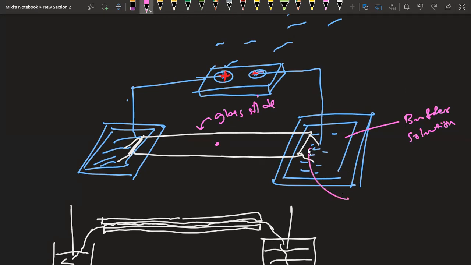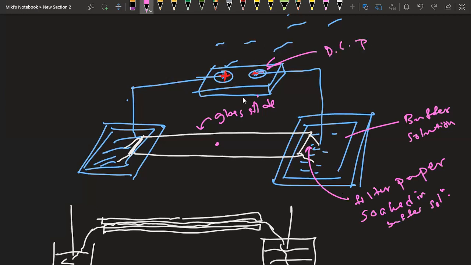Then we have this filter paper. Remember, you might be asked to draw the diagram, so no doubt in that. The filter paper is soaked in buffer solution, and this whole thing is the DC power supply. This was actually the mixture of amino acids.